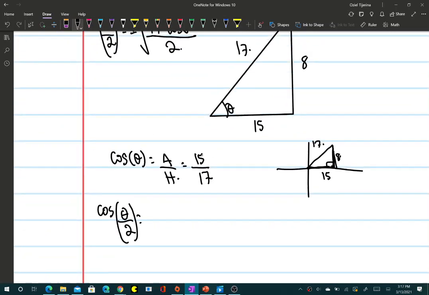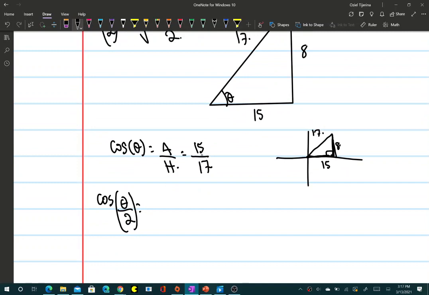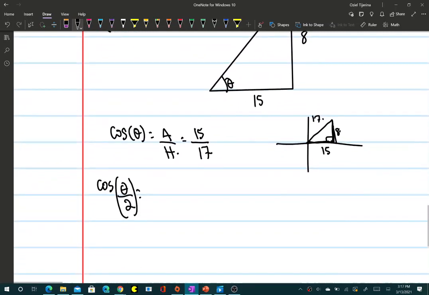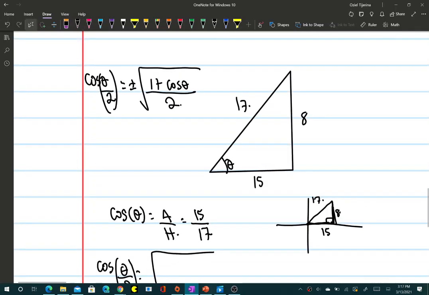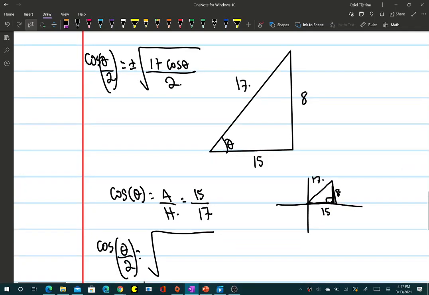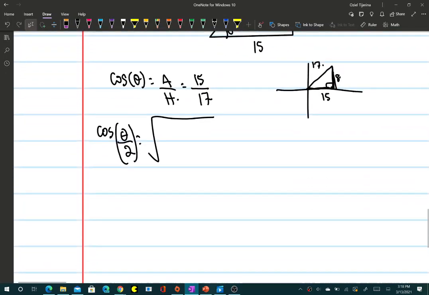Now, cosine of theta is 15 over 17, so we have plus or minus the square root, and it's the positive square root because, again, it's cosine of theta over 2. Since we know that cosine of theta is positive, we would do the positive square root.